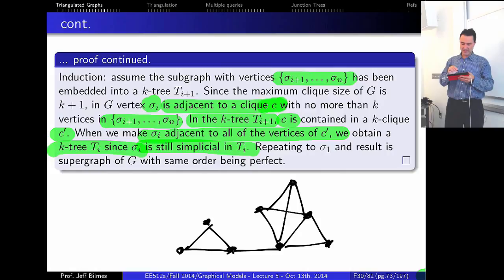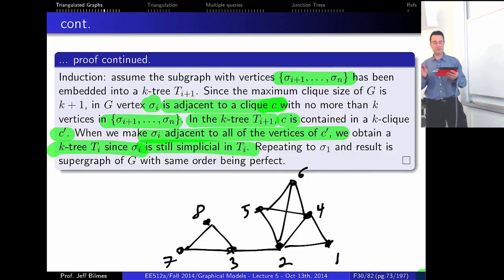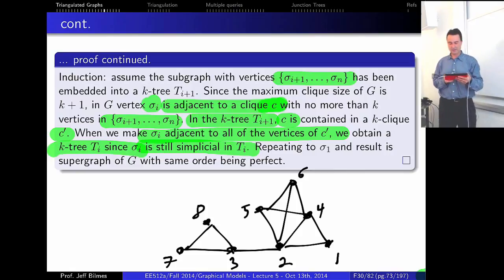And I should have numbered these first. Let's say this guy is 1, 2, this is the reverse number, 3, 4, 5, 6, 7, and 8. So this is probably the numbering that we used to produce this graph, or something close to it.